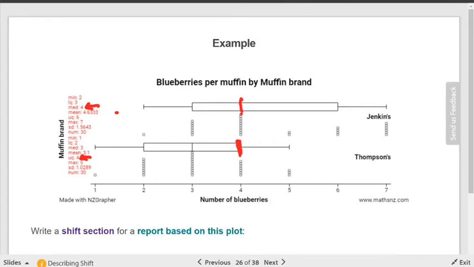So if those two things are the same, do they indicate shift? No. Okay? But look at the upper quartile here and the maximum here. Yeah? So there is shift here. If the values from the graph are difficult to see, if it's the same, that's not a shift.